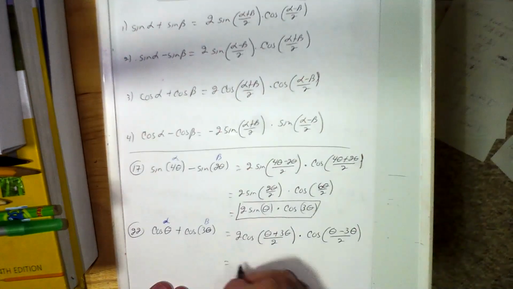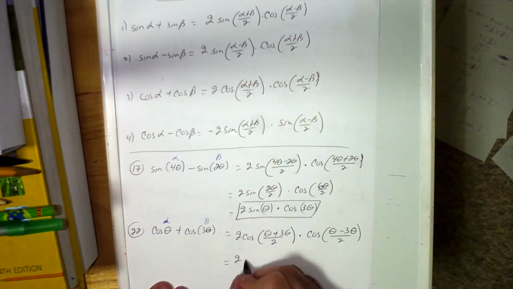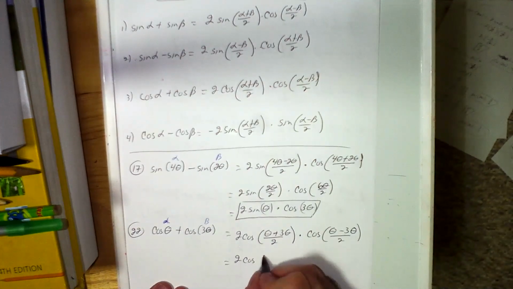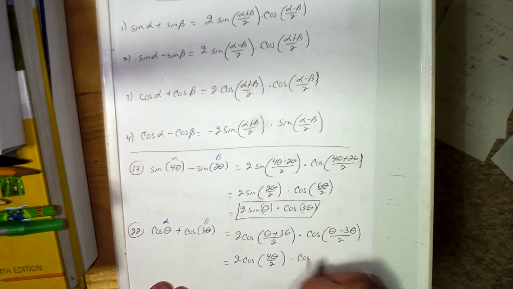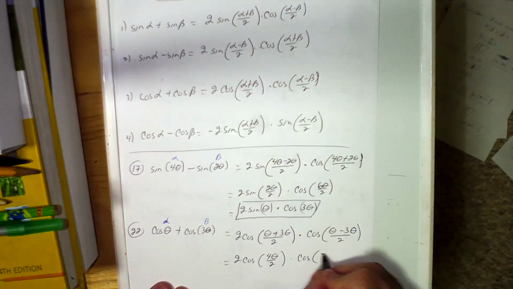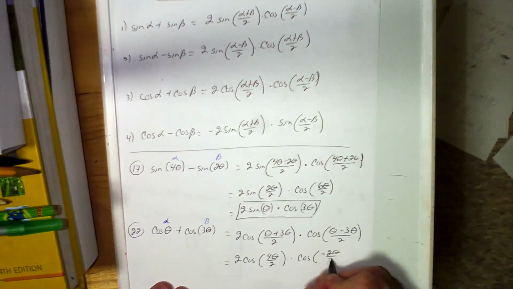Right. And we simplify just the parentheses. Let's see what we get. So we're going to get 4 theta over 2 cosine negative 2 theta over 2.